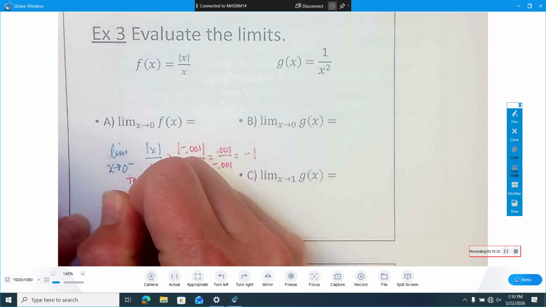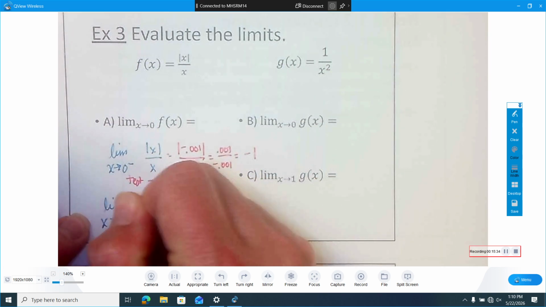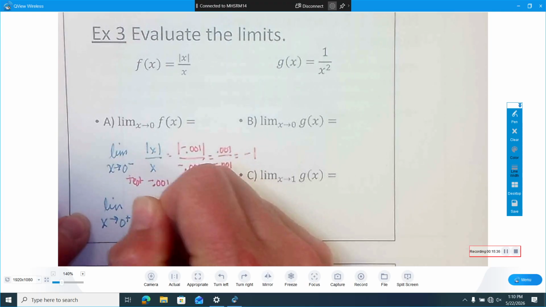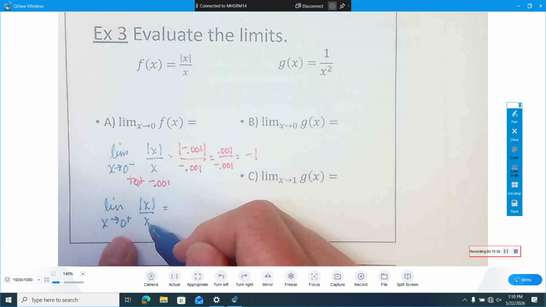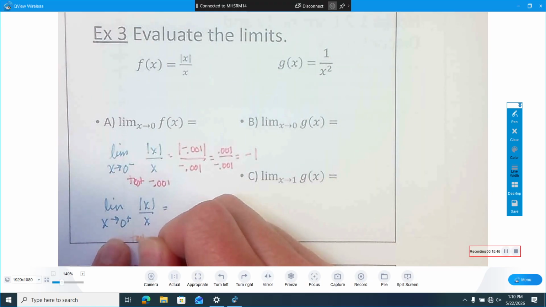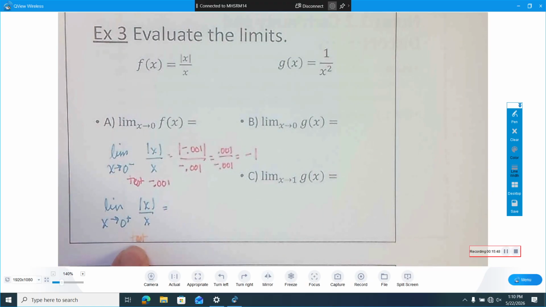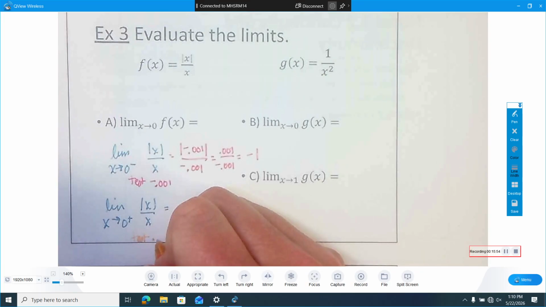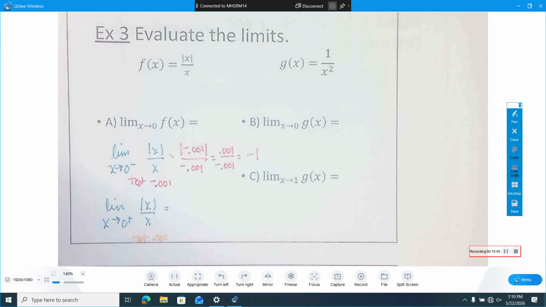So if we test the limit as x approaches 0 from the right, again, when I plug in 0, 0 over 0 is undefined. That's totally not okay. All right? And so instead I can think, hey, well, let me test something close to 0, really, really close. What do you want to test that's close to 0 on the right side? 0.001.